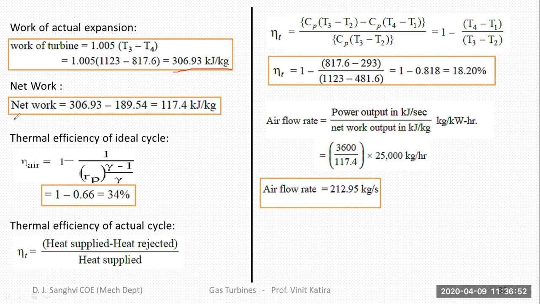And then the net work is work of turbine minus work of compression, which you should get around 117 kilojoule per kg.